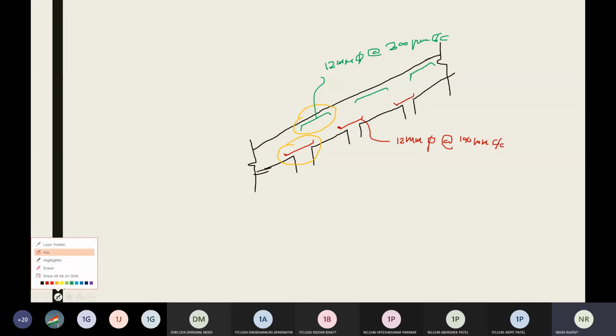So what I am doing, I am considering the same reinforcement throughout the length. So I will provide 12 mm diameter at 300 mm center to center here, because these are all minimum reinforcement.